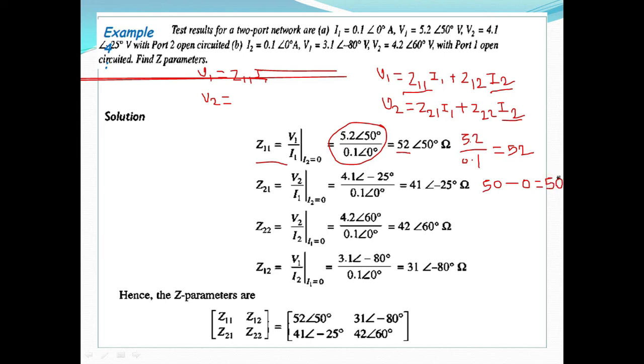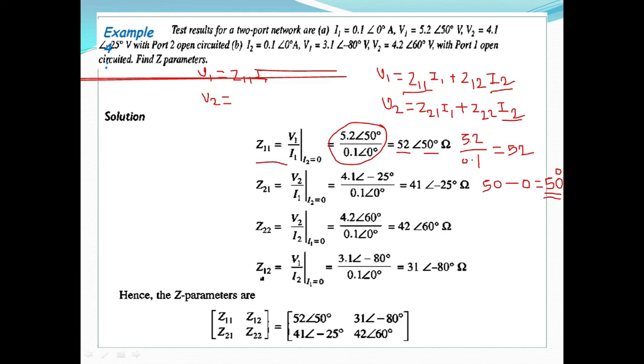Means Z11 is equal to 52 at an angle of 50 degree.